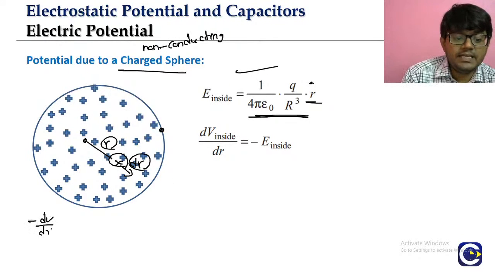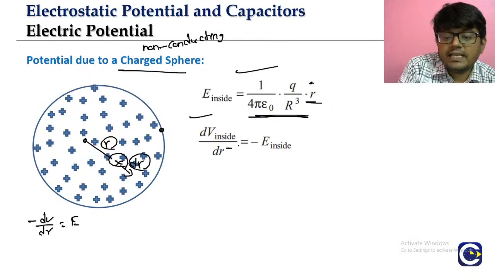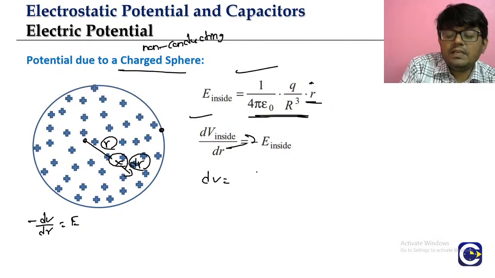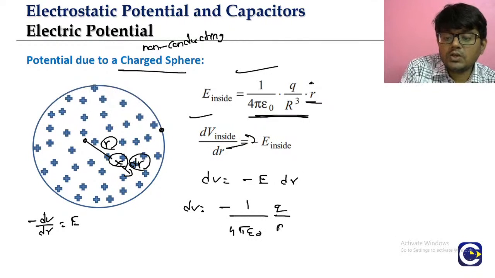Minus dv by dr is equal to E, or we can say dv by dr is equal to minus E. Now we'll rearrange. What will you get? dv is equal to minus E dr. So dv is equal to minus 1 by 4 pi epsilon naught q by capital R cube into small r dr.